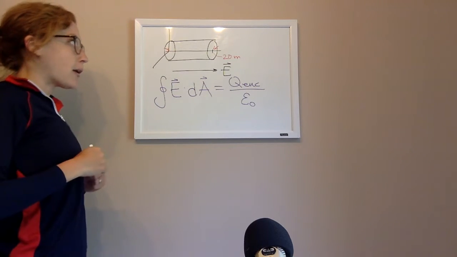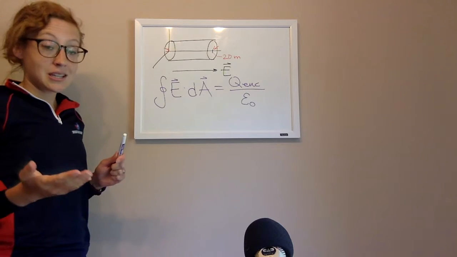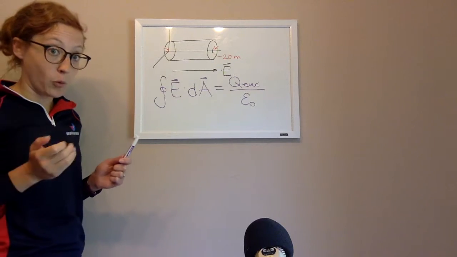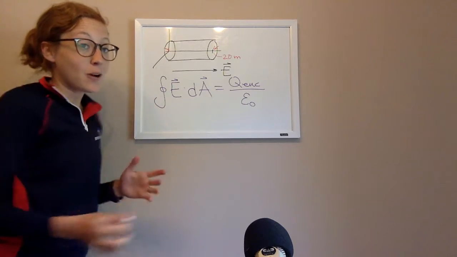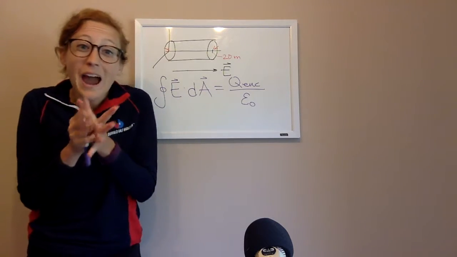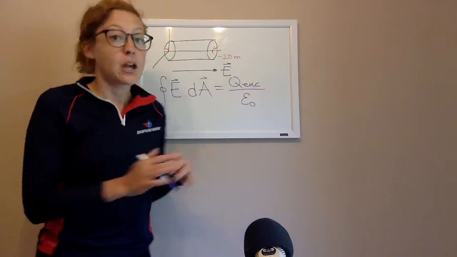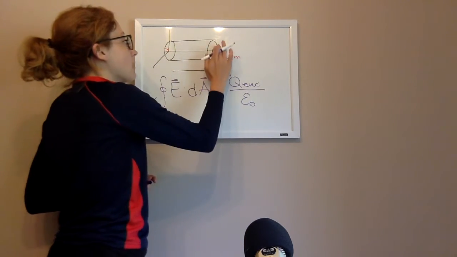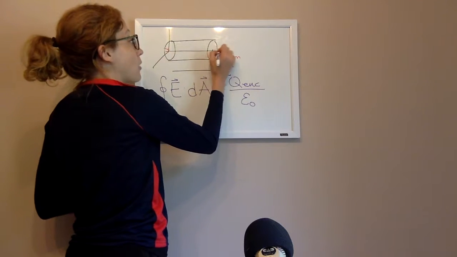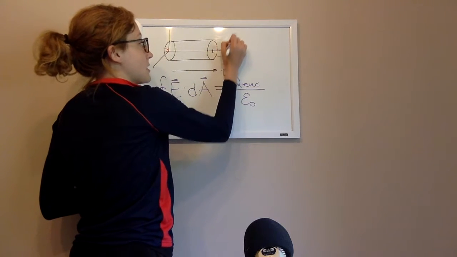All right, now this brings up an interesting point. Whenever you're dealing with area vectors, they are typically going to point outward from a surface. So when we're dealing with this cylinder, we have an area vector out here on this end cap, which points this way.